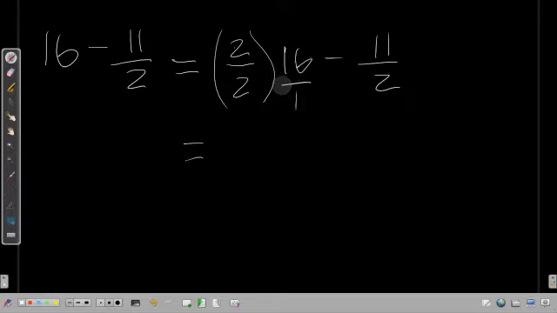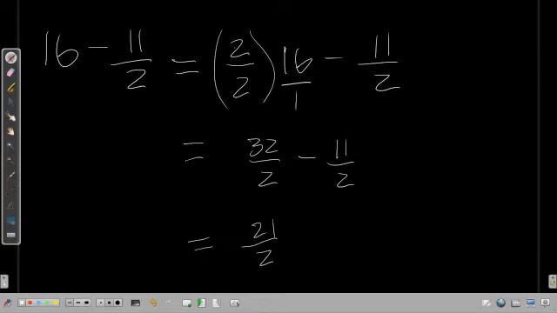But it also says 32 over 2. 32 over 2 is 16. 32 over 2 minus 11 over 2. It might as well say 32 apples minus 11 apples. It's no different at all. 32 minus 11 is 21. 21 apples. And that's b.